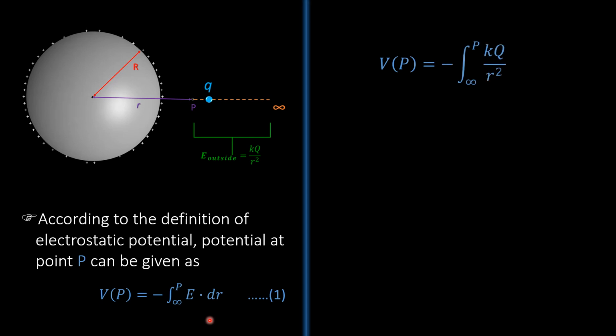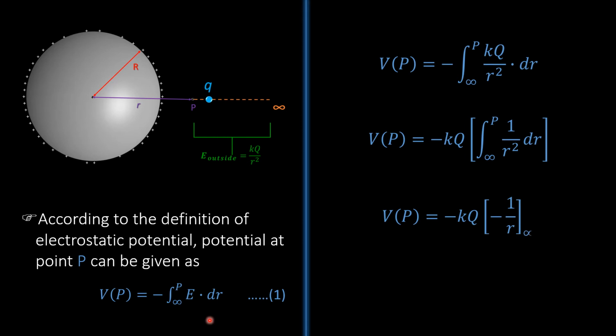So potential at point P can be given as negative integration of kq by r square dr from infinity to point P. Kq being constant can be taken out, and integration of 1 by r square will give us minus 1 by r. So substitute upper limit, lower limit, 1 by infinity will be 0, and hence the potential will be kq by r. Don't get confused, this r is the distance of the point where we are finding out potential from center of the shell.